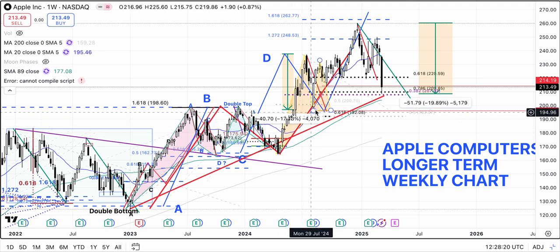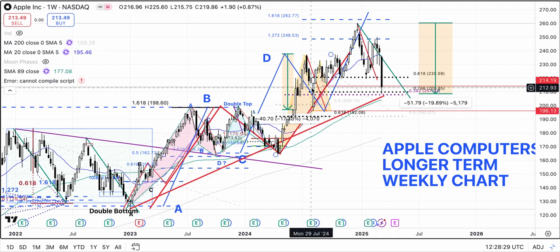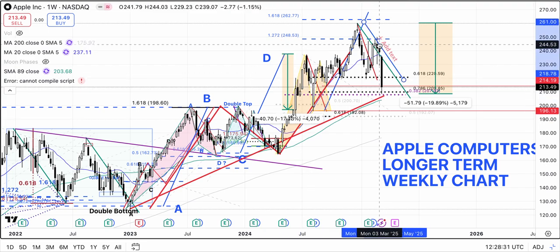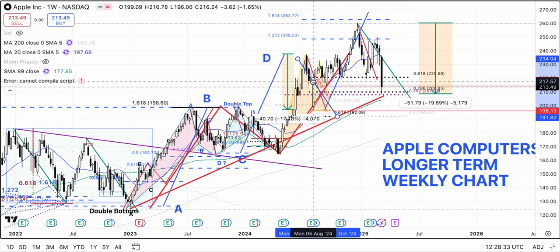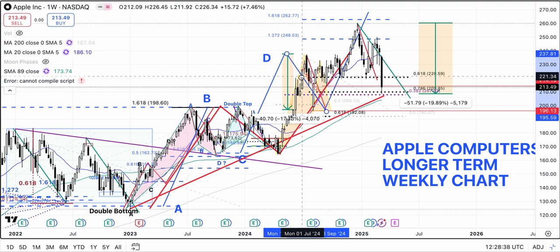And then you can see that the stock had a nice run to the upside. However, this one is a little bit different because it has exceeded this. Here you can see that. So it has exceeded the 17% move down.